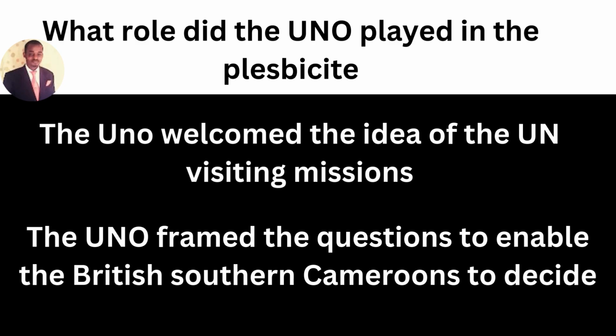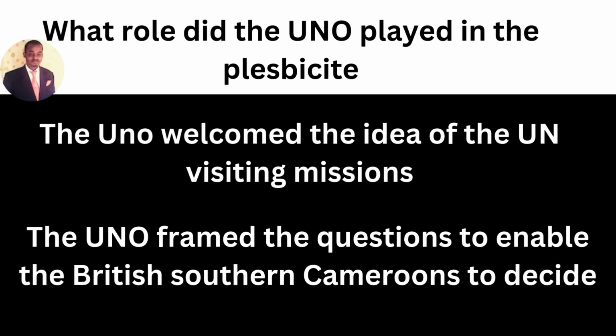Now they are asking us, what role did the UN play in the plebiscite? Well, the UN had many roles to play. First of all, they welcomed the idea of the UN visiting missions, meaning that those they sent on a mission to Southern Cameroon came back with the idea of a plebiscite, so the UN had to welcome it.